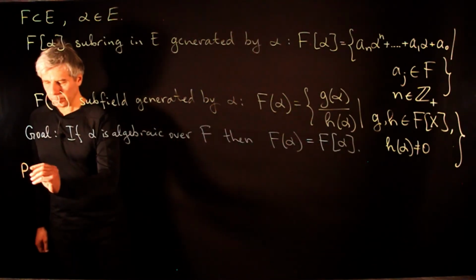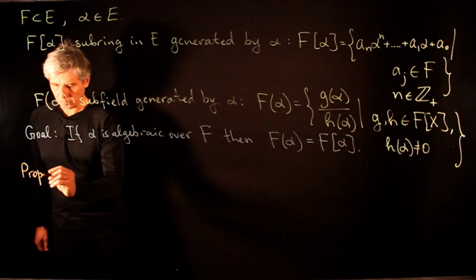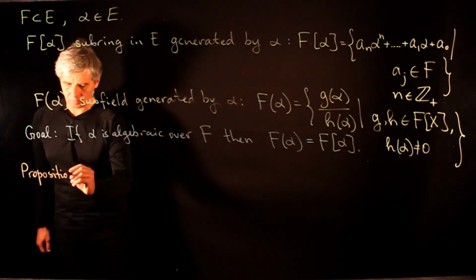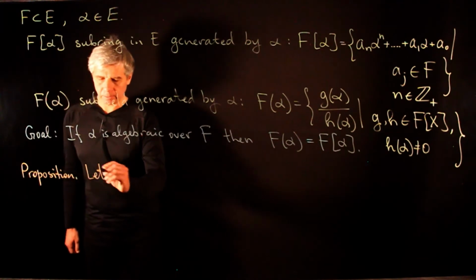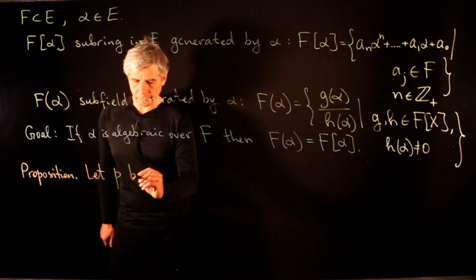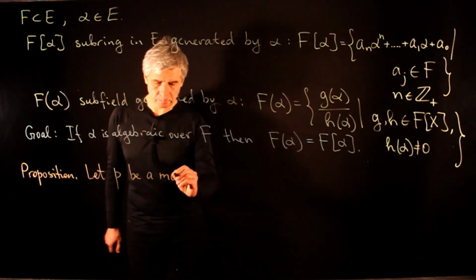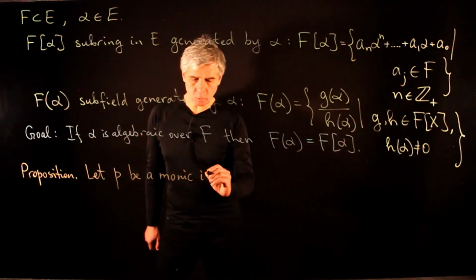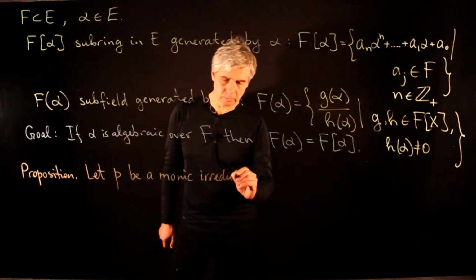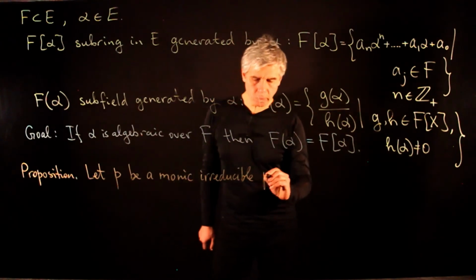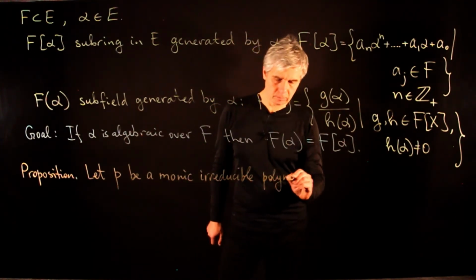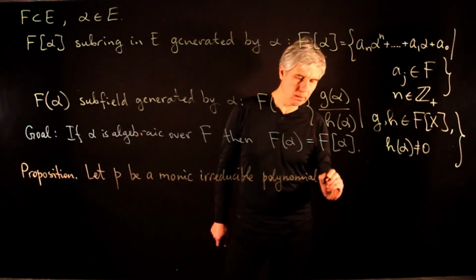Let us prove the following proposition. Let p be a monic irreducible polynomial in F[x].